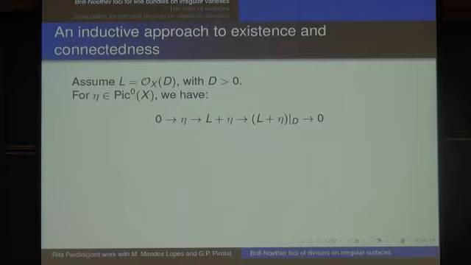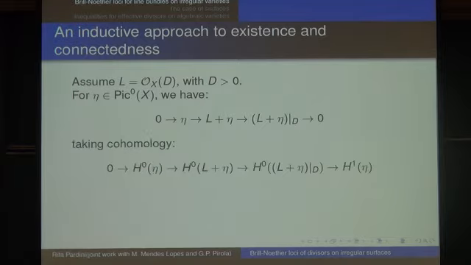Again, you write down on X the classical restriction sequence and twist by L plus eta, and you get this exact sequence. And then you take cohomology, and this is the corresponding long cohomology sequence. And you see, if H0 of eta and H1 of eta are 0, then I get an isomorphism in the middle.